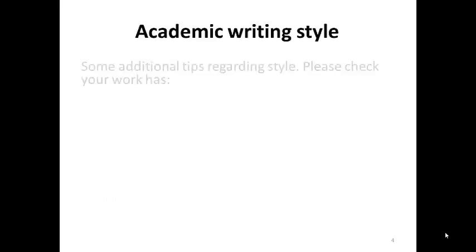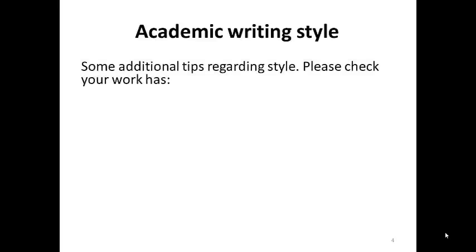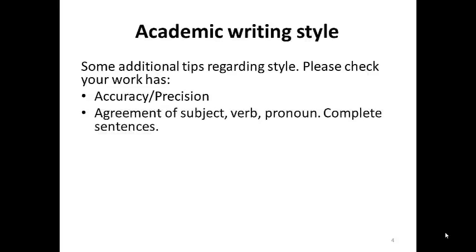So some additional pointers regarding style for you to please check in your work is that academic writing must be accurate and clearly understood. Therefore, its language must be precise. So you have to say exactly what you mean. The agreement of subject, verb, and pronoun is also important.